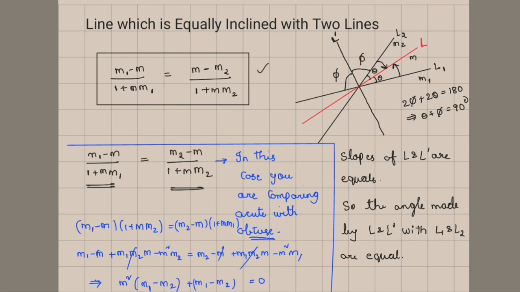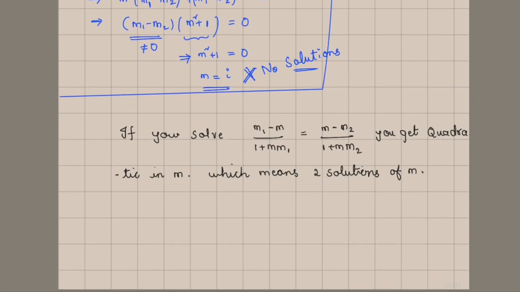Theta plus phi is nothing but the angle between L1 and L. So the angle between the acute and obtuse angle bisectors is 90 degrees. So we know that when two lines are perpendicular, the product of slopes is -1. So the roots of this equation, which is quadratic in m, their product should be -1.